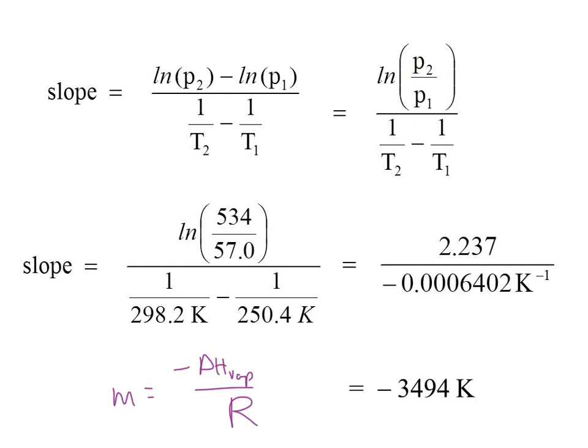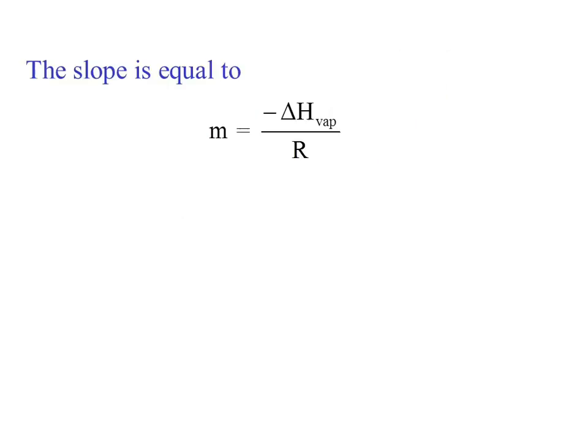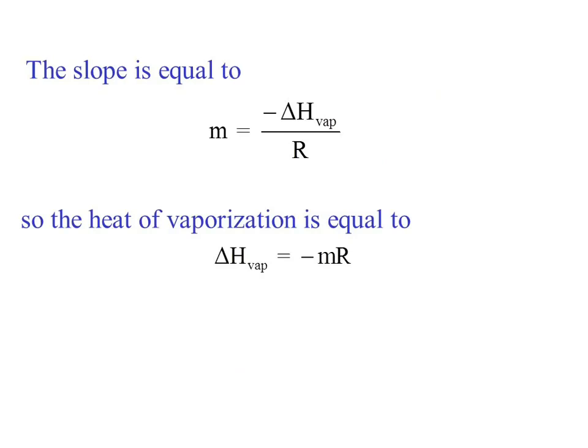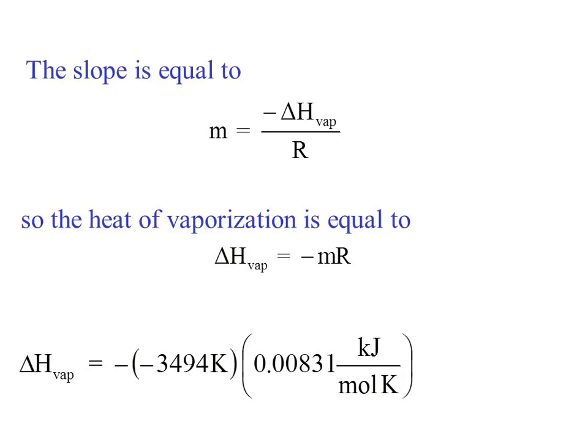And we know R. If we're after the heat of vaporization, which we are, and if we have M, which we do, we can get the heat of vaporization by taking negative 1 times the slope we got times R. So this is what it looks like finally: negative 1, that's the slope, negative 3,494 Kelvin times R, which is 0.00831 kilojoules per mole Kelvin.